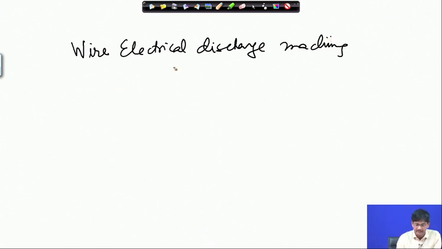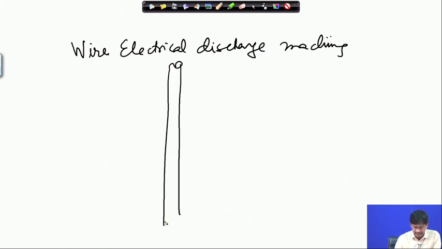The only difference is that there is a wire which is moving, and it is used as the cutting element.